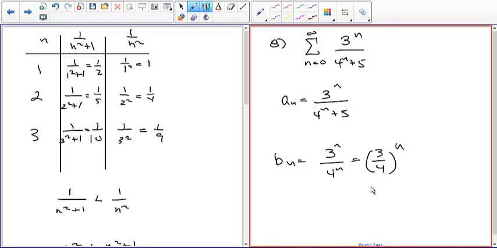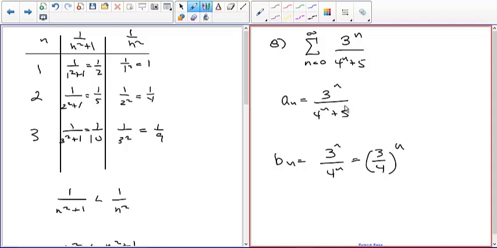So the idea here would be, first you've got to figure out if a sub n is always less than b sub n. I'm trying to think if you can do that algebraically, it's not going to be quite as easy as the previous one, so I probably would do it something like this.